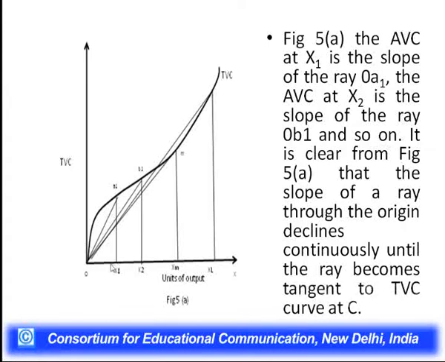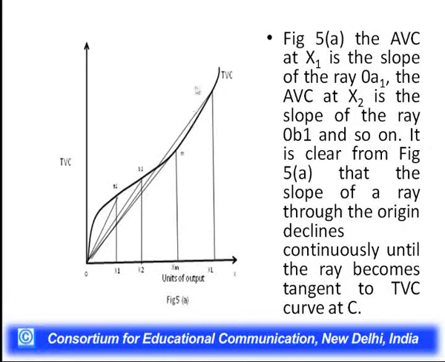We see as we move from output OX1 to OX2, this line has also changed and the slope changes, it goes on declining till it reaches output OXM when this line becomes tangent to TVC. Now here we have reached the optimum input ratio.